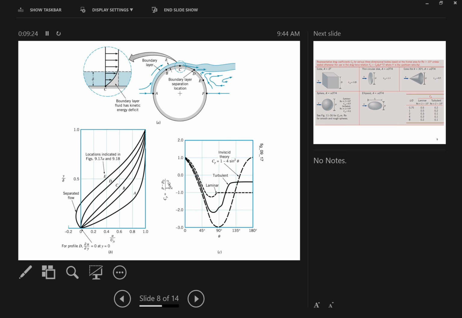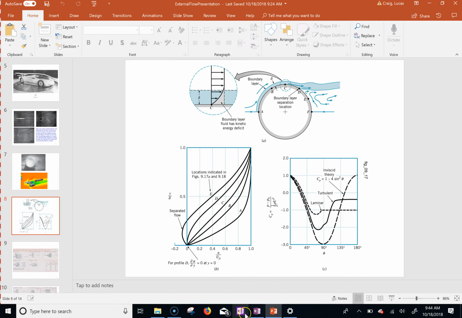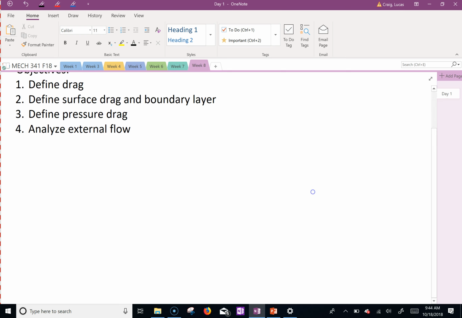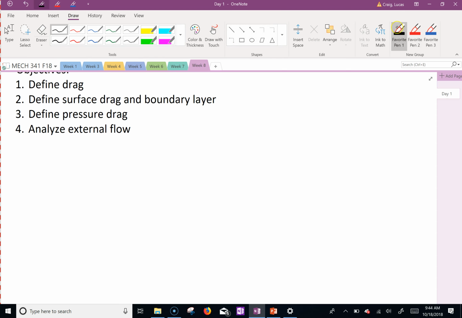So let's stop here and take some notes now so you can understand where drag comes from, and some equations. Okay, so drag.